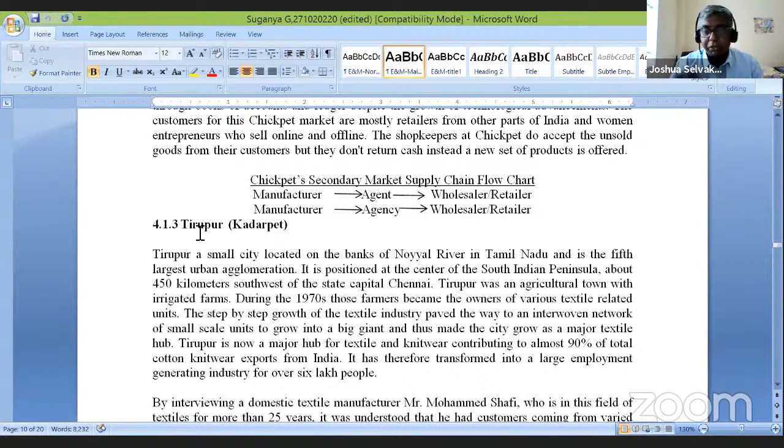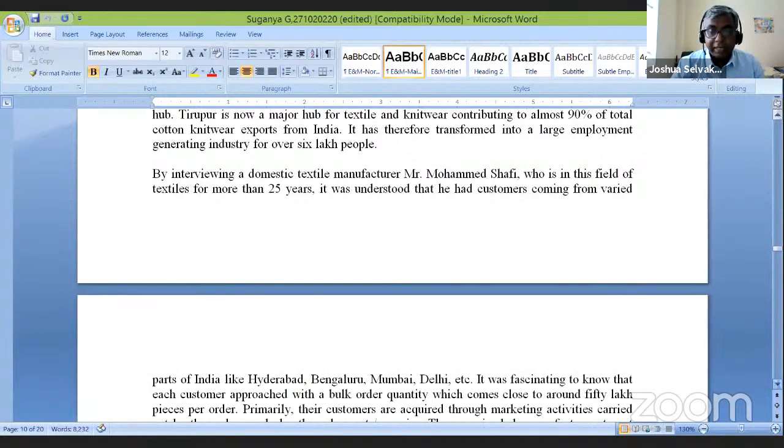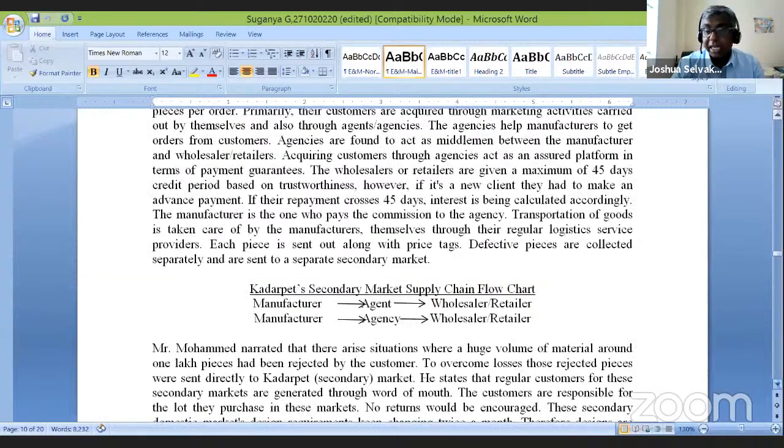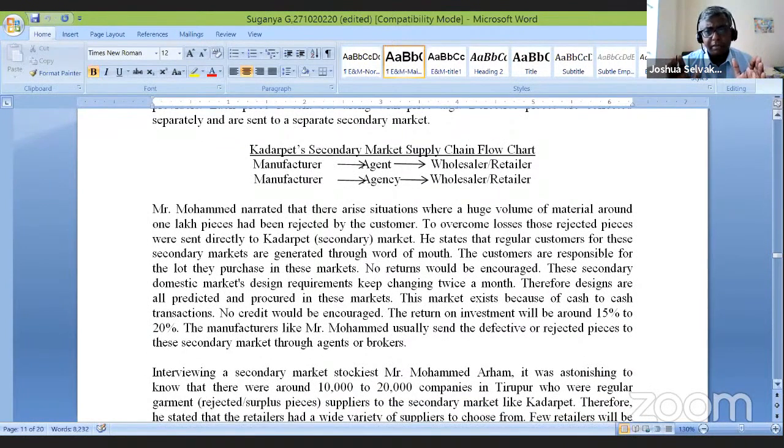The third case that we took was Tirupur Kadarpet, and we have written about that. There also, it is almost the same. Kadarpet is also following the same format. So this seems to be the practice in the secondary supply chain market. So it is always the reverse supply chain. The products that are returned come back to the manufacturer.